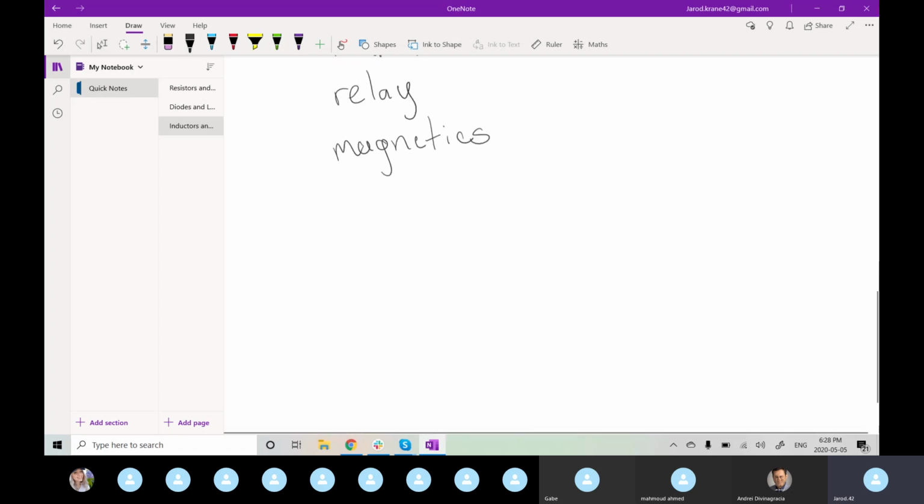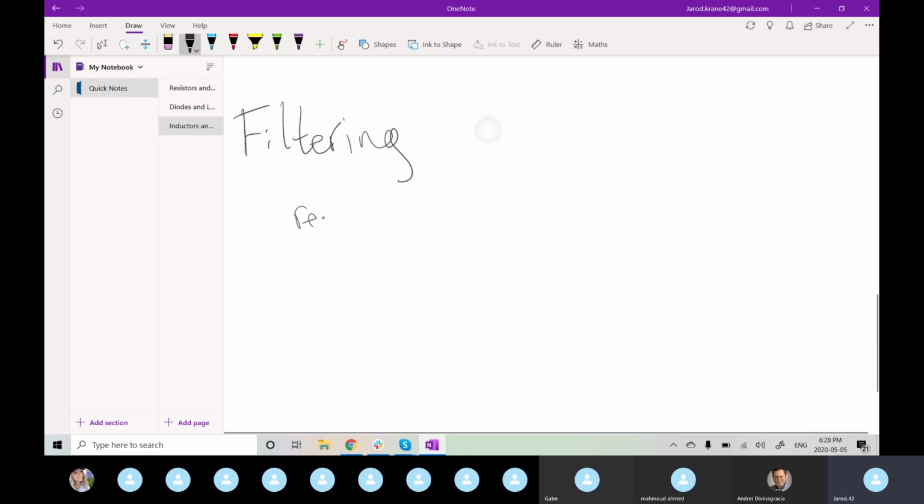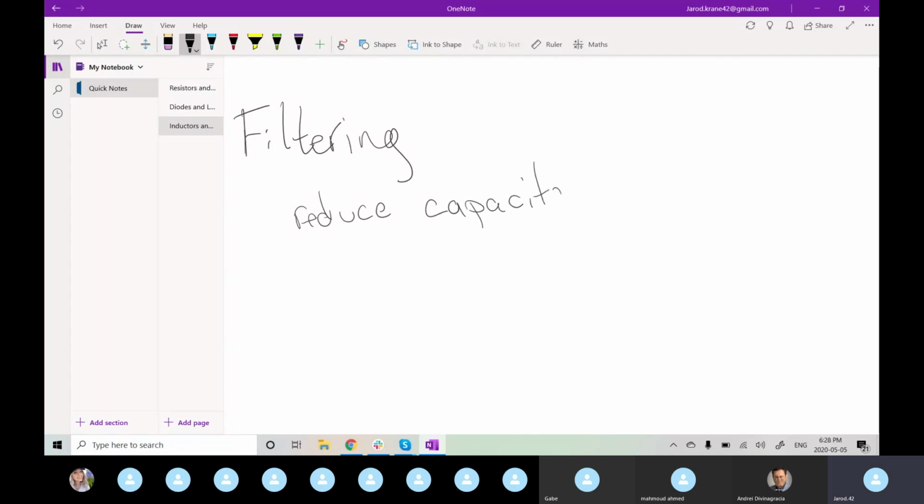But just in general, filtering can be used, in the sense like we just mentioned, to reduce any capacitance in a system, to balance out a system.